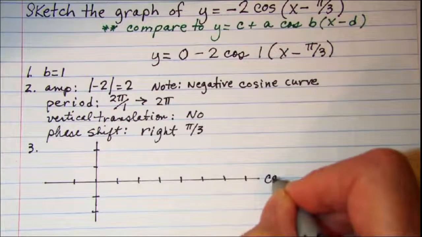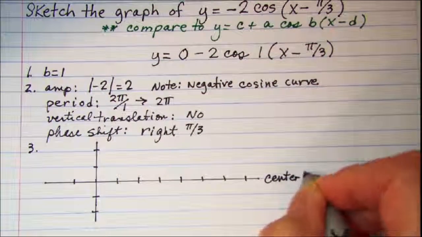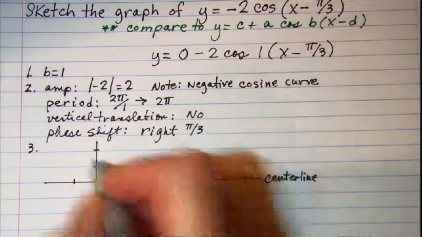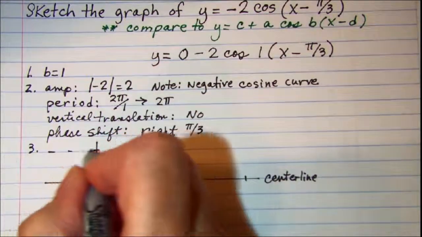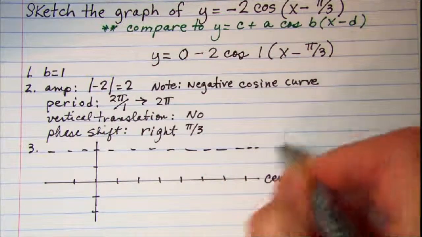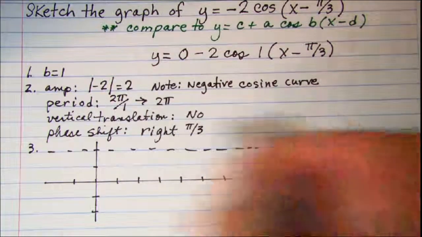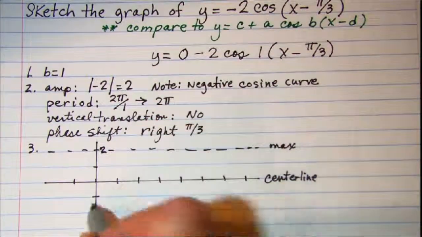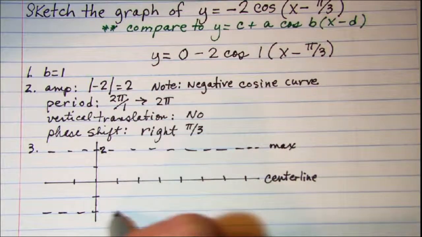Our center line is the axis, and we have a max at 2, and a min at -2.